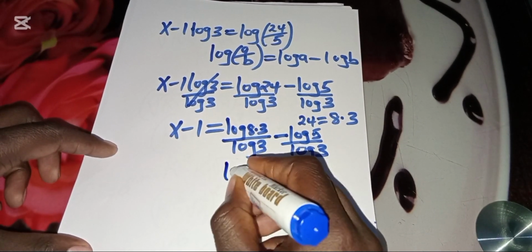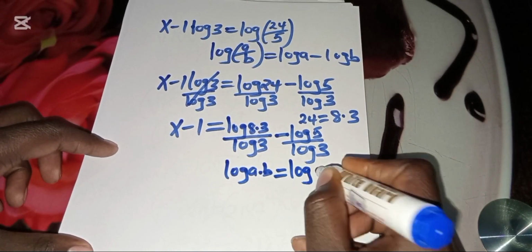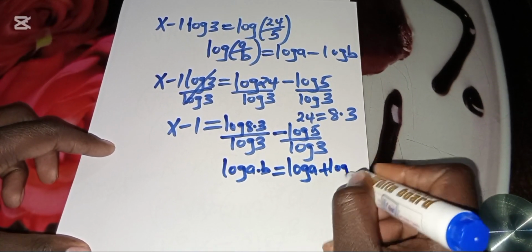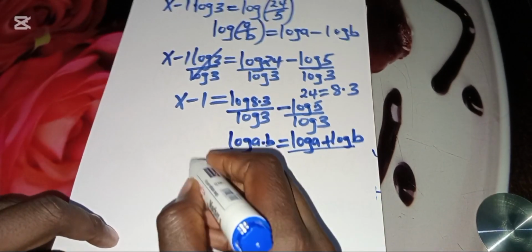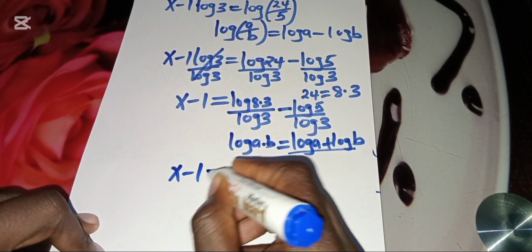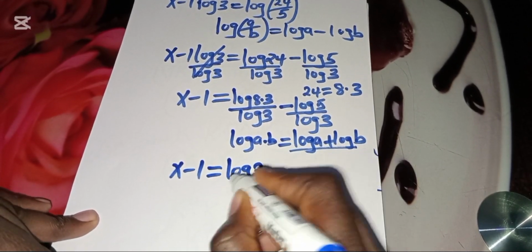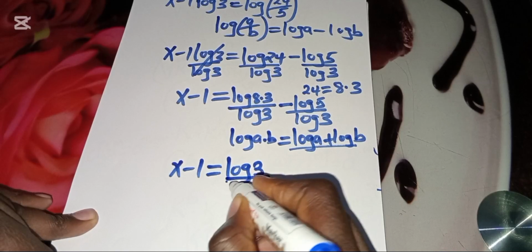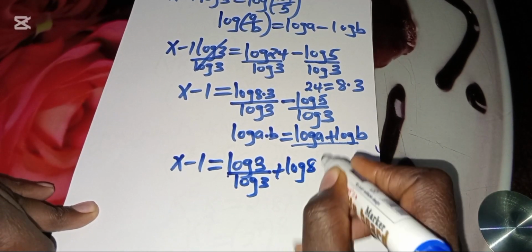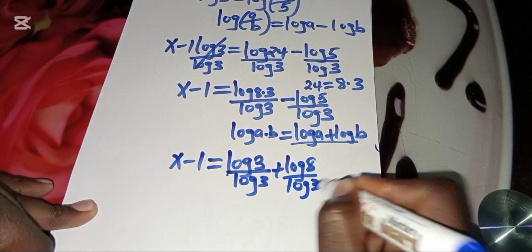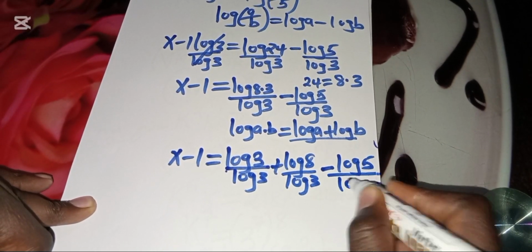Again, if we have log a multiplied by b, this can be expressed as log a plus log b. So let's apply this identity so that we're going to have x subtract 1 equal to log 3 divided by log 3 plus log 8 divided by log 3, subtract log 5 divided by log 3.